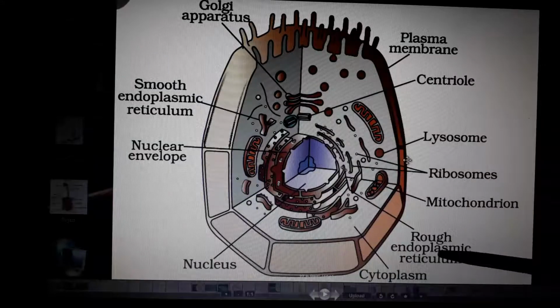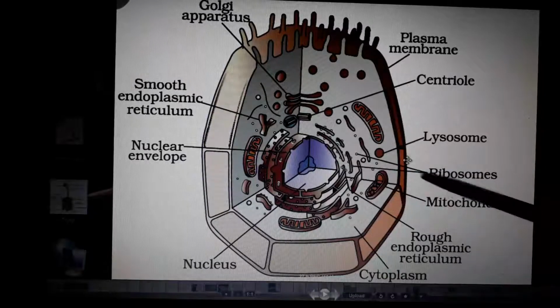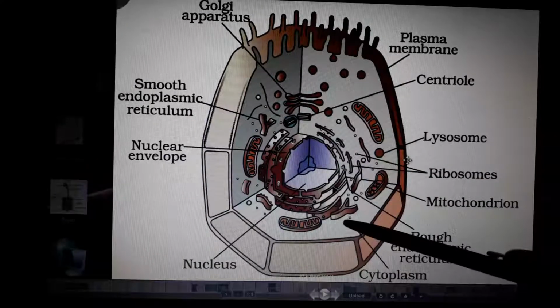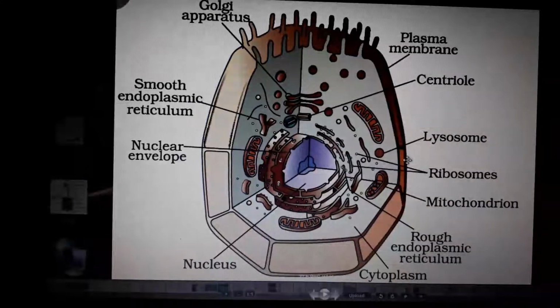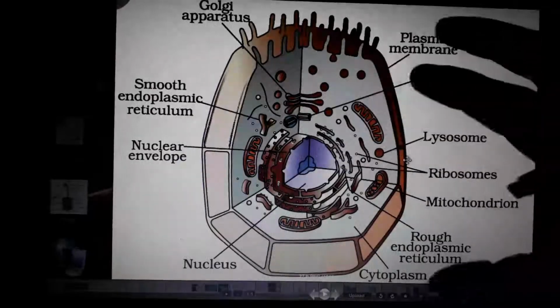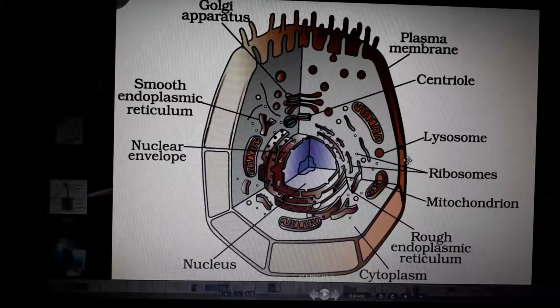Next, rough endoplasmic reticulum produces what? Proteins. Okay, it is the manufacturer of proteins. Next one is the cytoplasm. We didn't study cytoplasm, isn't it? It's nothing. See, the entire inside of the cell is called cytoplasm. It's a fluid. It gives shape to the cell. Nucleus, the brain of the cell.